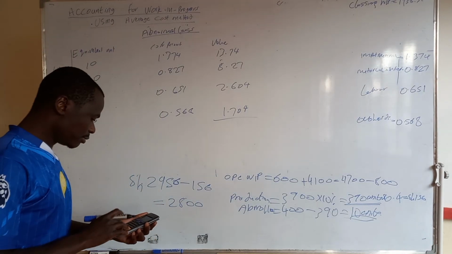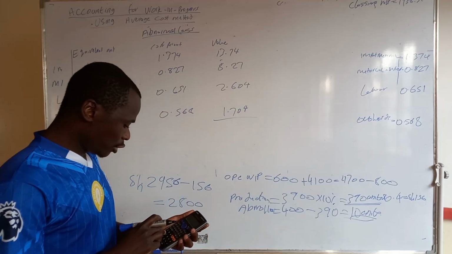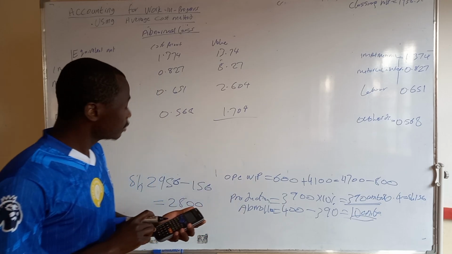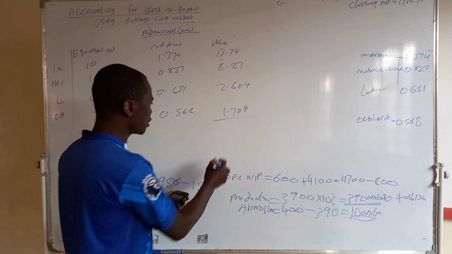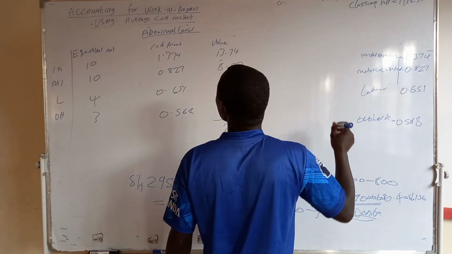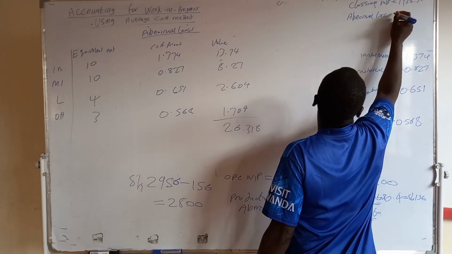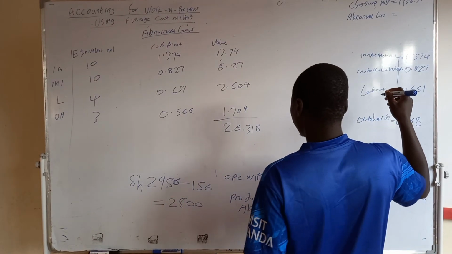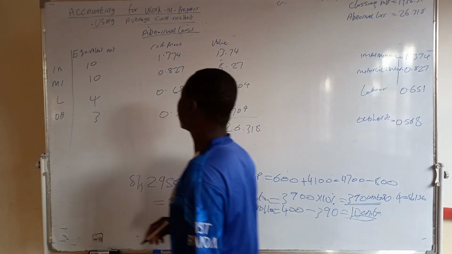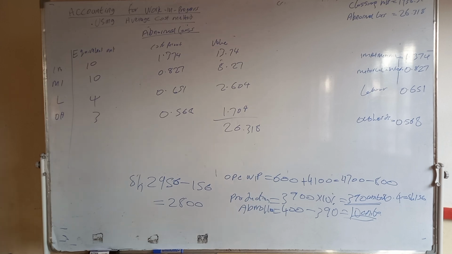We add everything: 2.604 plus 8.27 plus 13.74 plus 1.704. We get 26.318. So here is abnormal loss: 26.318.